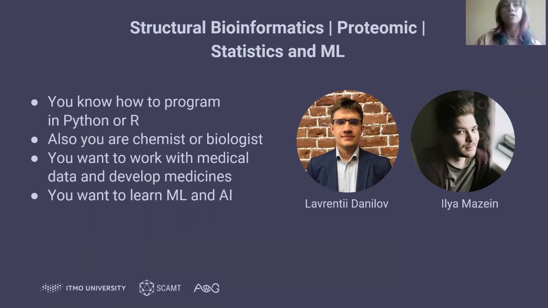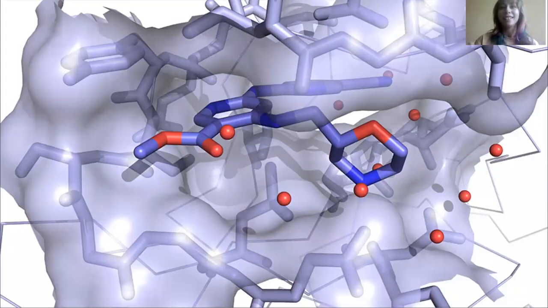If you want to obtain skills in how to create your own networks, how to work with machine learning and applied artificial intelligence, you can come here and ask these people for more information. It may help you, for instance, to discover new medicine or new drugs for cancer treatment and for treatment of other diseases.